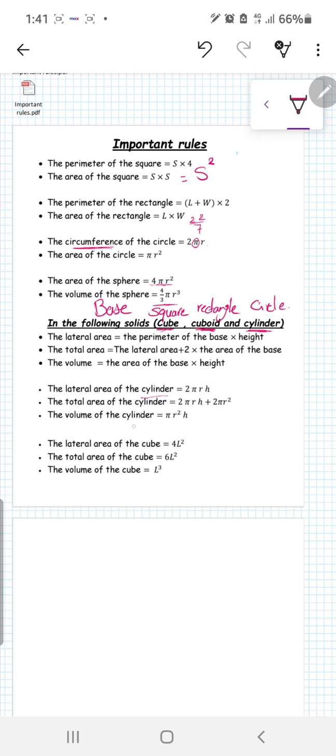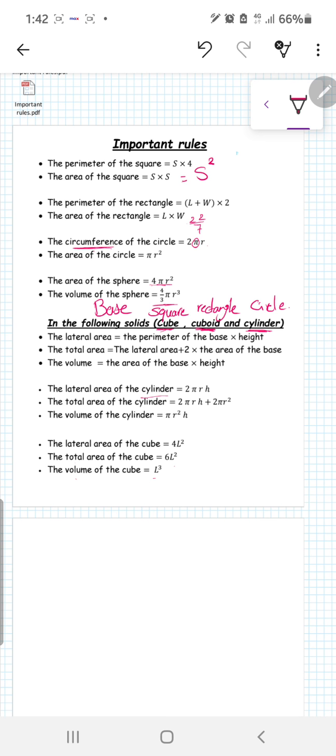The volume of the cylinder equals area of base times height. Base in the cylinder is a circle, so pi r squared h. In the cube, lateral area is 4 l squared, total area 6 l squared, volume l cubed.